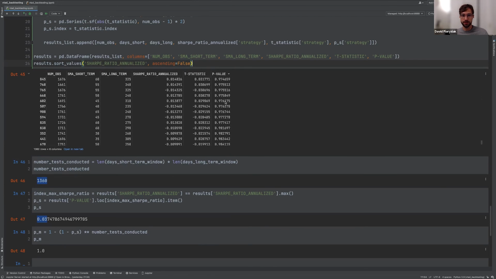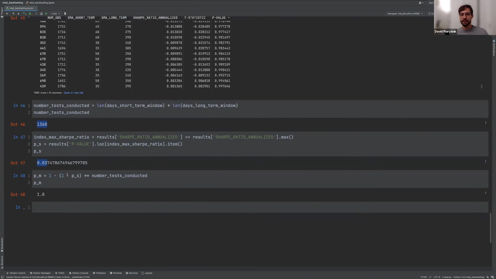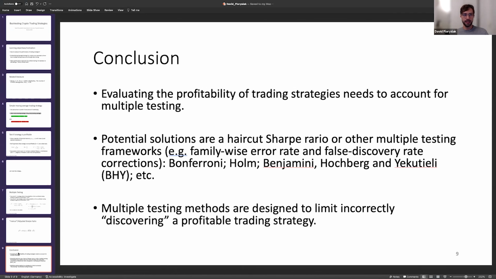If we have a p-value of 1, the Sharpe ratio is close to 0. So adjusting for the multiple testing, you will see that this is actually not profitable and the Sharpe ratio is 0. Okay, let me go to the conclusion slide.